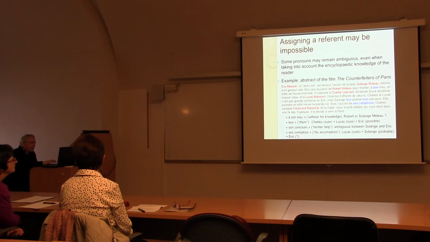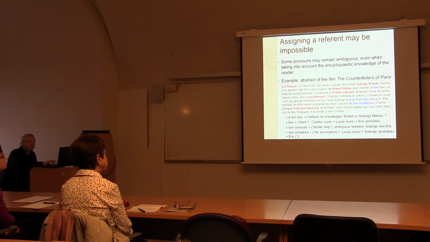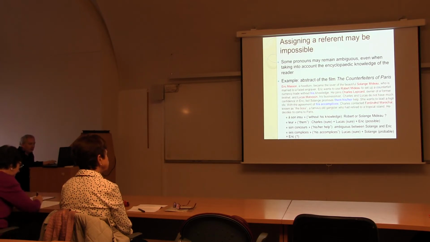Okay. But what we saw with the text is that there are a lot of ambiguities, and in particular, not an A or B choice like that, but something like "Solange leur promet son concours". In English, Solange promised them his or her help, exactly the same ambiguity that is not in English.